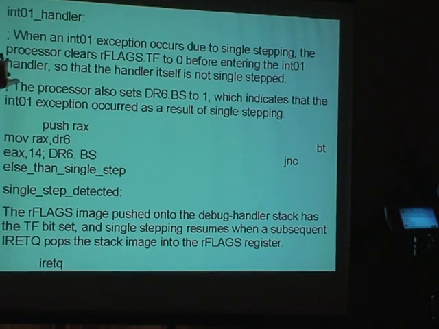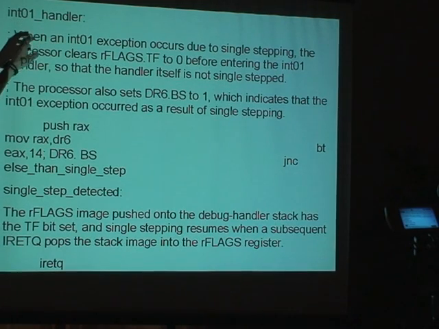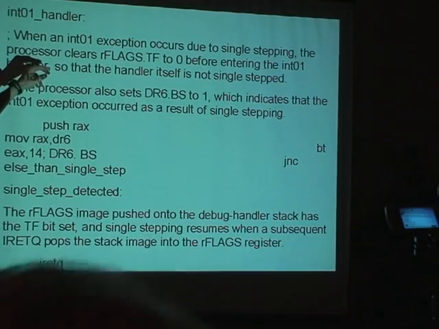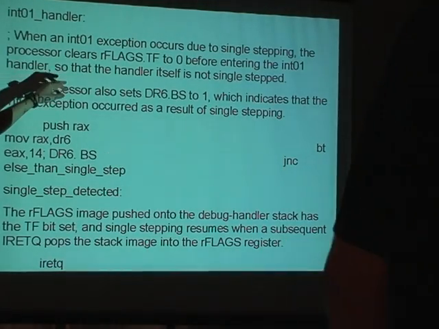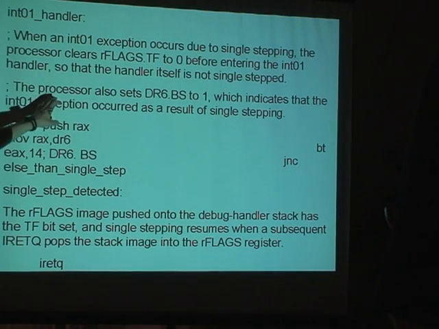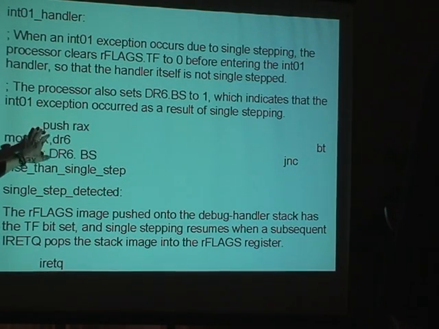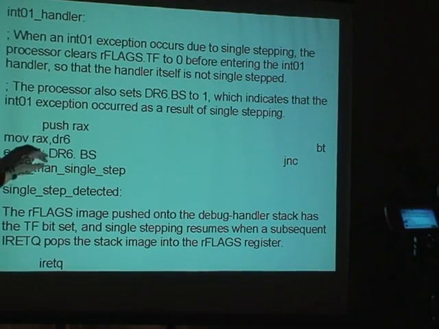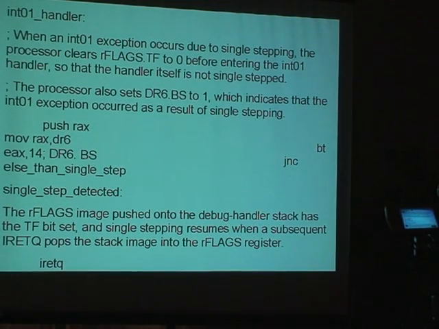So the CPU pushes the flag register onto the stack with the trap flag set, and after pushing, the CPU clears the trap flag. So no instruction inside the interrupt 1 handler triggers interrupt 1 again. We can safely execute every instruction.